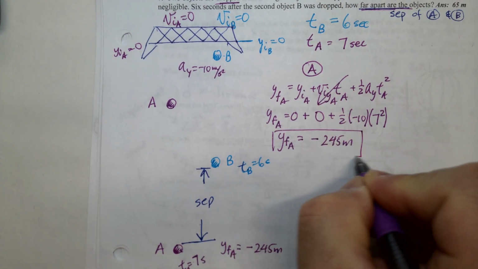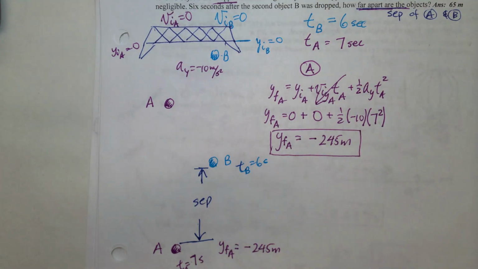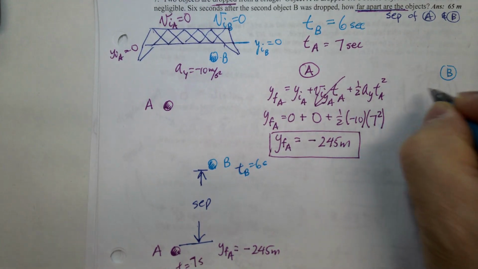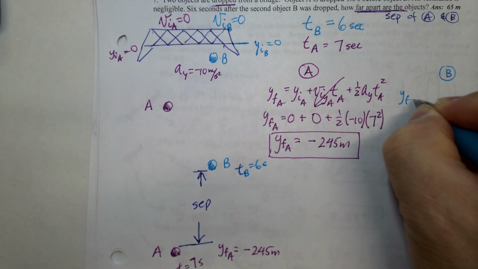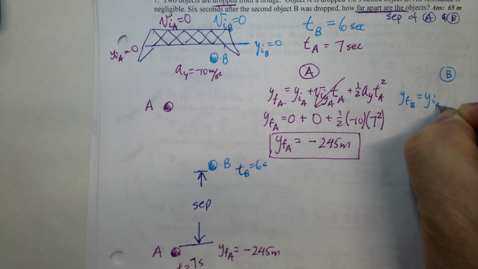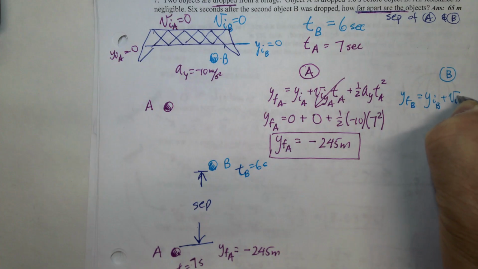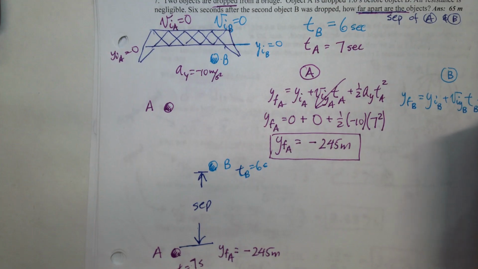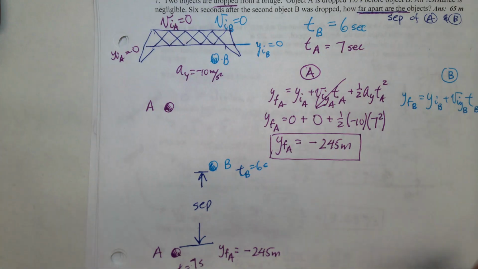So we know the position of that ball. What about for ball B? For ball B, my y final for ball B is equal to y initial of ball B plus v initial y of ball B times t B plus 1/2 a sub y t B squared.